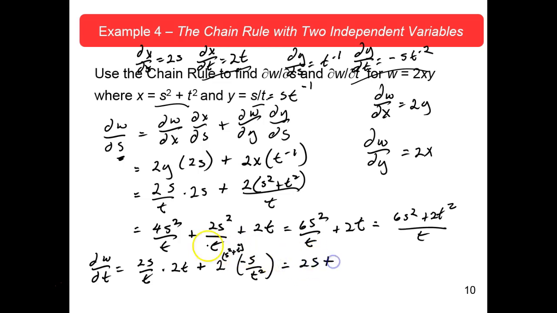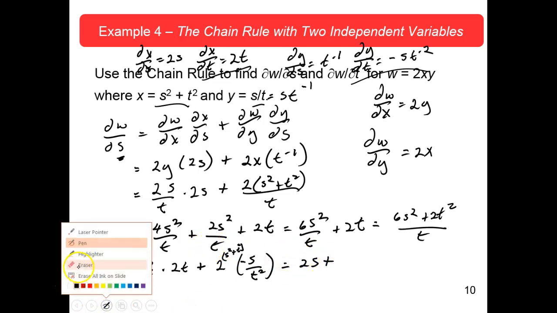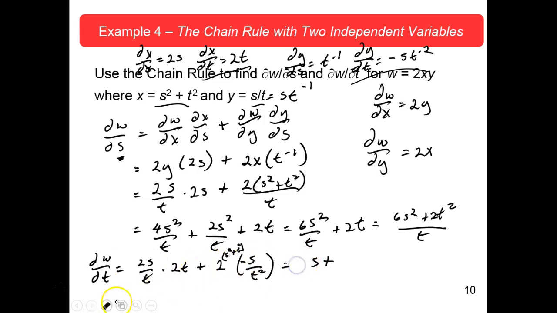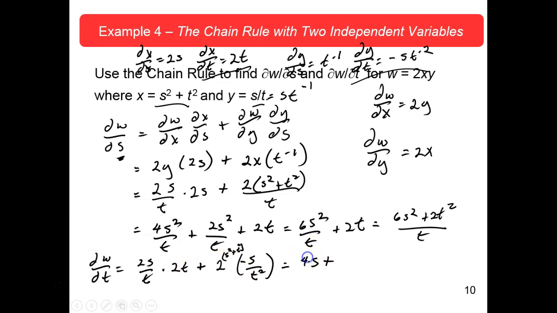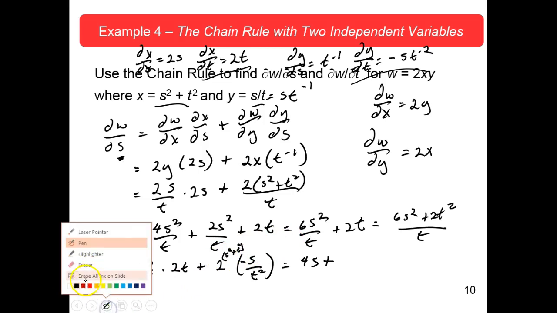2s plus, no, 4s, sorry. Forgot my second 2. Okay, 2 times 2. 4s plus, actually, we'll make that a minus.